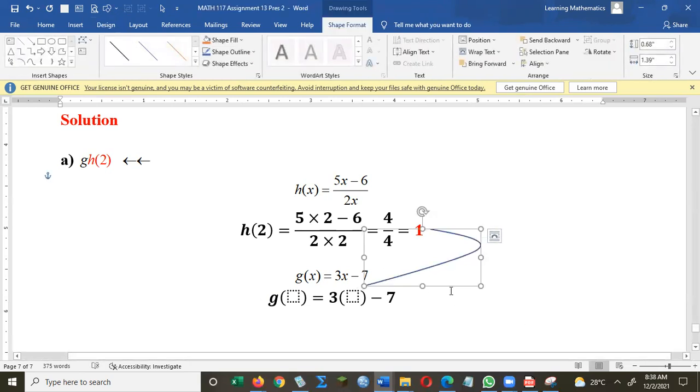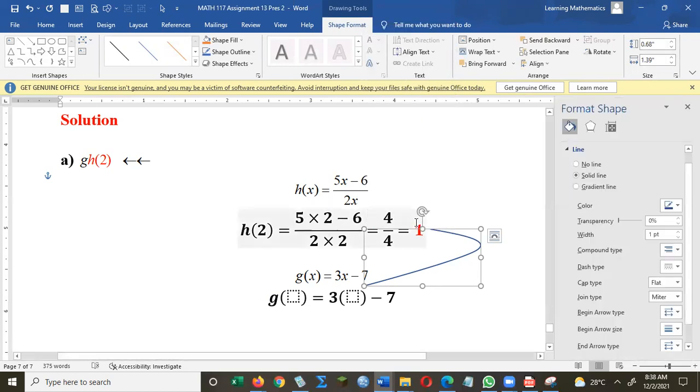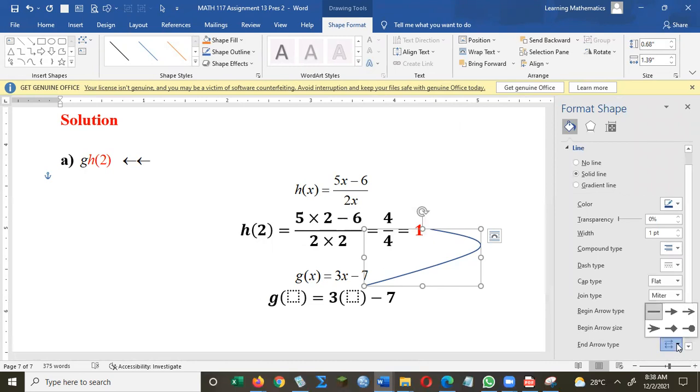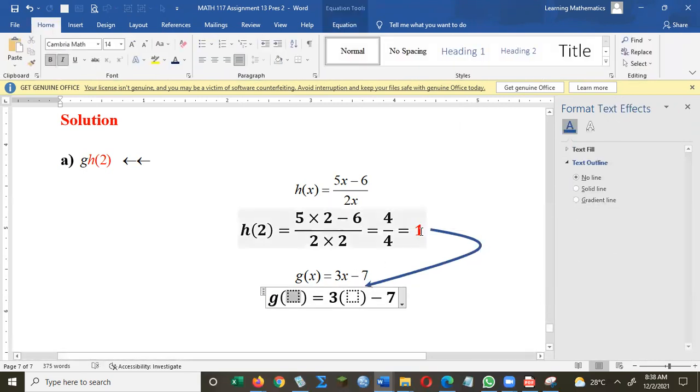Okay, so please bear that in mind. That's what we are going to do with this 1. So you're going to find G of 1. Wherever we see a bracket in G, we're going to put 1.